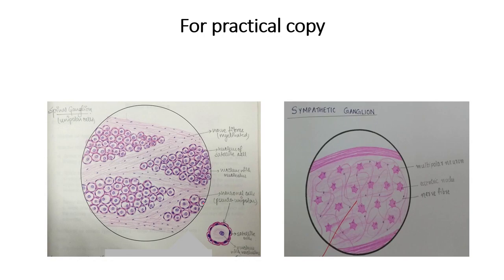So this type of diagram can be made on your practical copies, where you can see these are the unipolar or pseudo-unipolar neurons, each encircled with satellite cells, and the nucleus is centrally placed, and the nerve fibers are passing between them. This is the structure of the satellite cell, how it looks. Whereas in sympathetic ganglion, the multipolar neuron, star shape, the nerve fibers going here and there, this is actually the capsule.